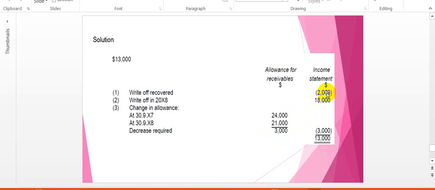In the income statement, we'll have a 2,000 credit and a 3,000 credit against the debit of 18,000. So our income statement will be reduced with a reduction in the profit of $18,000.